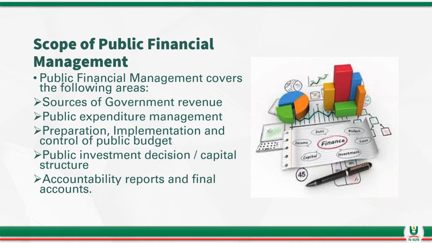Three, preparation, implementation, and control of the public budget, which covers the budget cycle. Four, public investment decision and capital structure. How do we take decisions on investment? And if we decide on what to do, how do we raise the money? That is capital structure. Then lastly, accountability reports and final accounts. This has to do with audit.